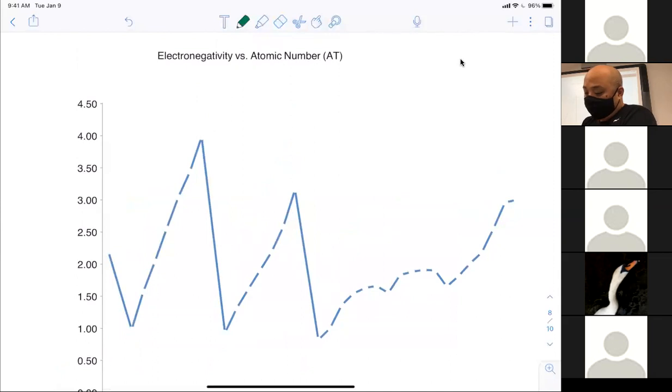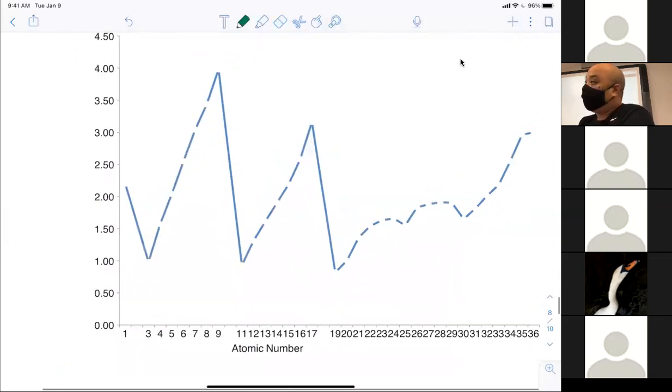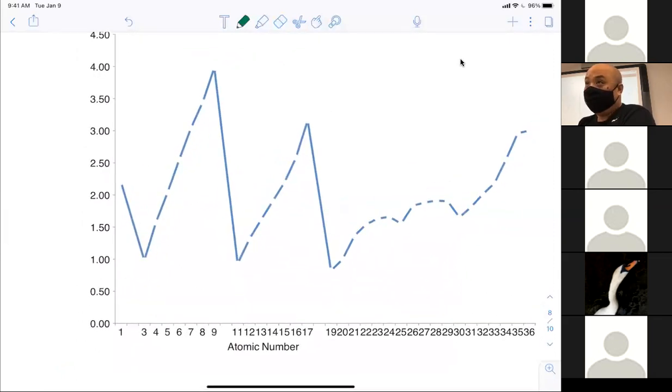Electronegativity, you'll notice that there are gaps in electronegativity, right? What elements are making up the gaps in electronegativity? Which elements are missing from the electronegativity graph? The noble gases, right, Aiden? Because remember, electronegativity has to do with bonding. So in this graph, you're missing the noble gases.